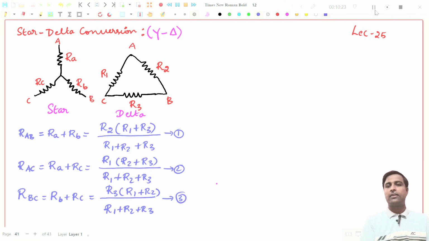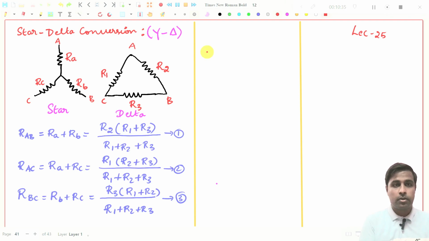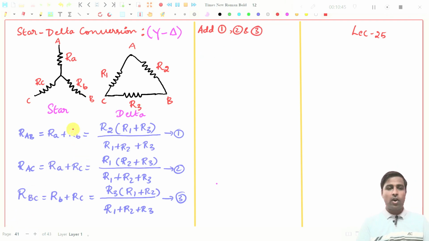Now what you do, you just add expression number 1, expression number 2, and expression number 3. You just add all these three values.